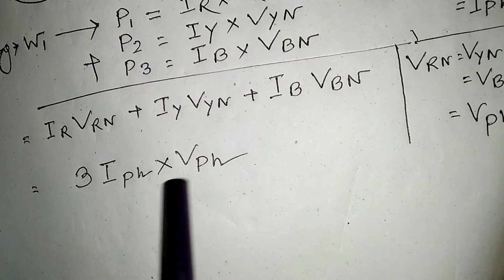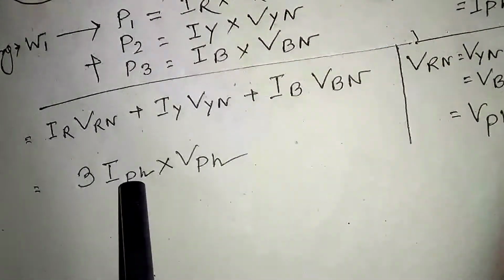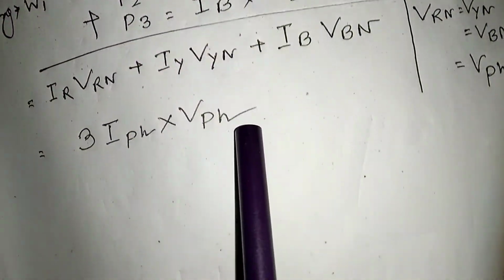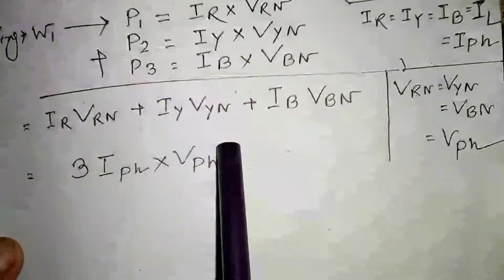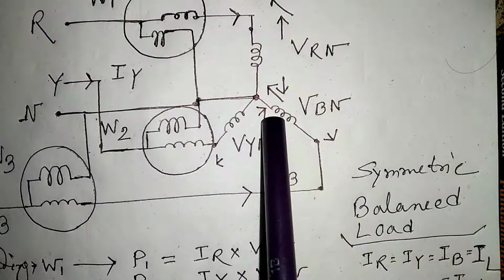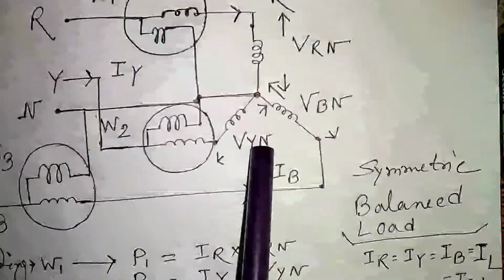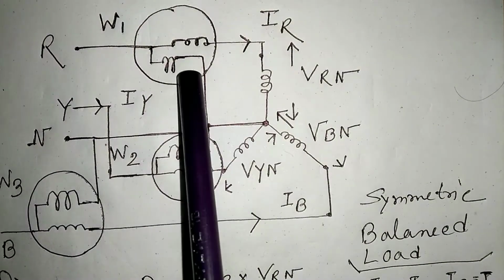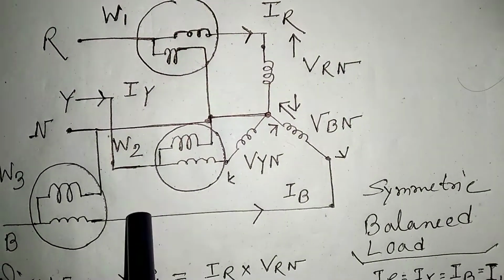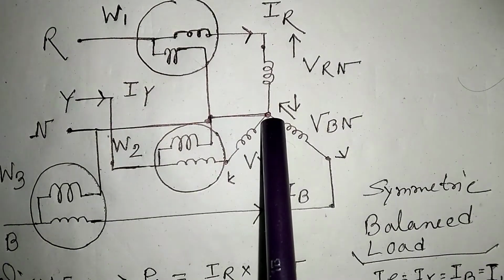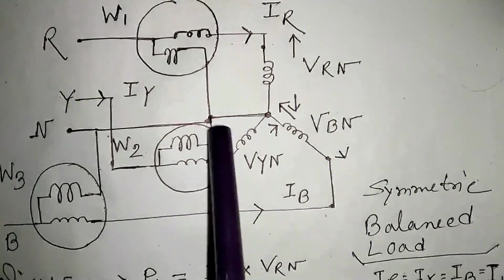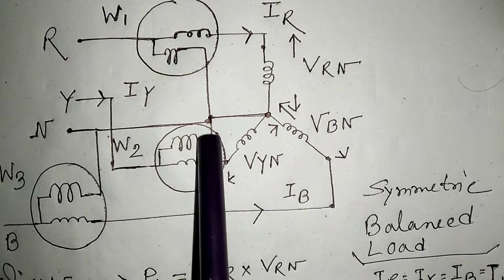So total power will be 3 IPH VPH. We can satisfy this equation for both star connected and delta connected systems. There are many methods to prove this: the 2 wattmeter method, the 3 wattmeter method, and without taking this neutral point we can satisfy this equation by taking a common C point.